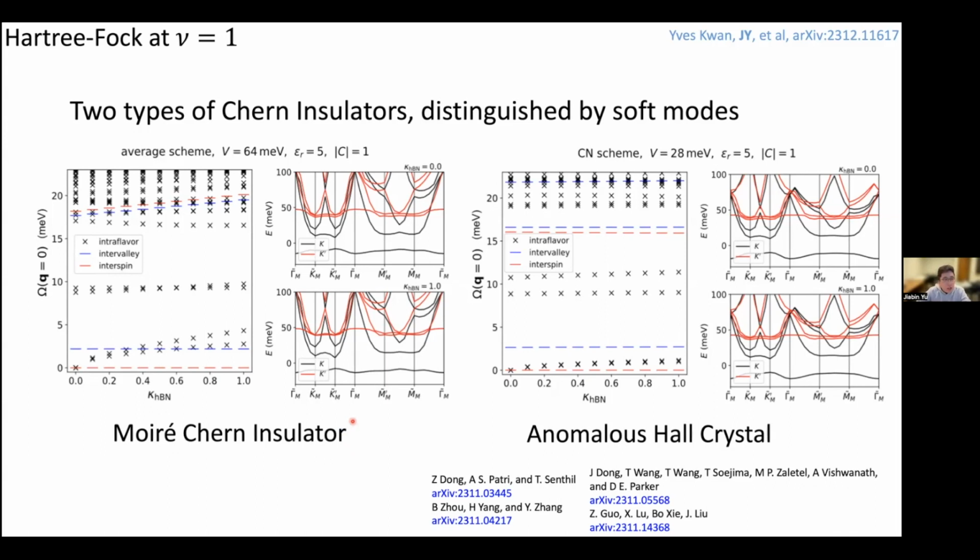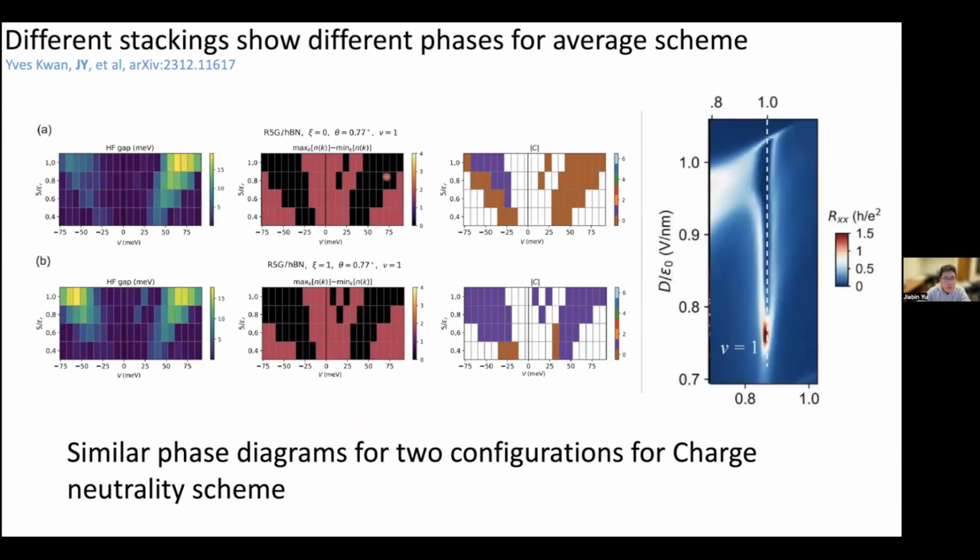This is one subtlety. Before going to another subtlety, I want to mention that in our work we propose an experimental way to distinguish Moiré CI and anomalous Hall crystal, or to distinguish these two interaction schemes. For the average scheme, if you change the stacking, from C equals 1 to C equals 0, by flipping the hBN layer, we will see the Chern insulator disappear.